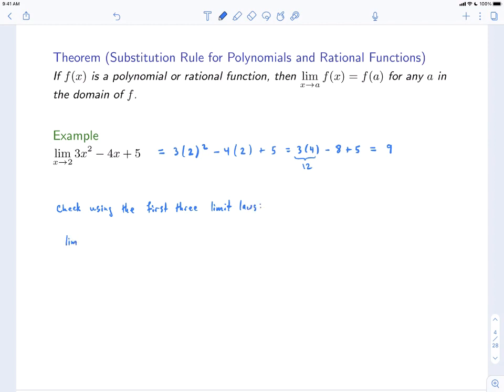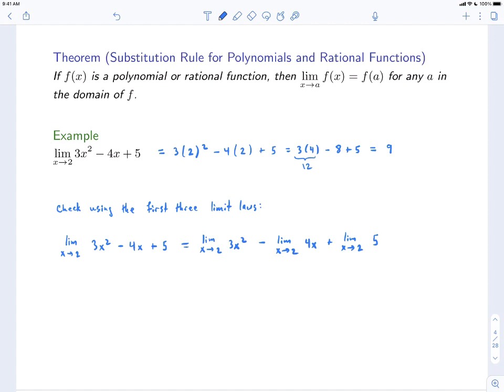So we have the limit as x approaches 2 of 3x squared minus 4x plus 5. We know that the limit of a sum is the sum of the limits, and the limit of a difference is the difference of the limits. So this becomes the limit as x approaches 2 of 3x squared minus the limit as x approaches 2 of 4x plus the limit as x approaches 2 of 5.